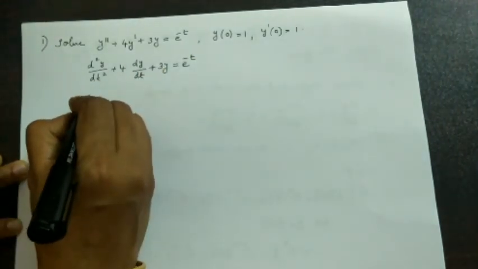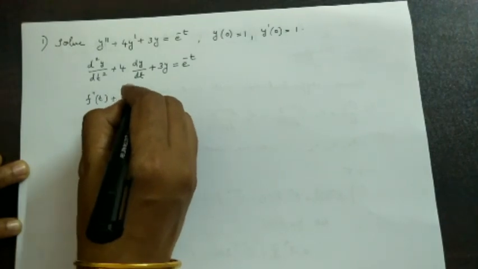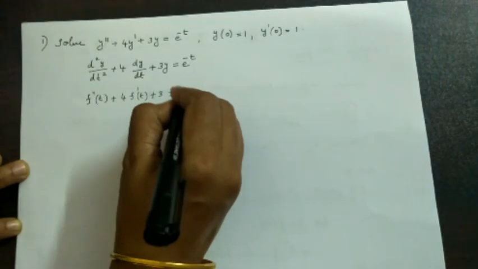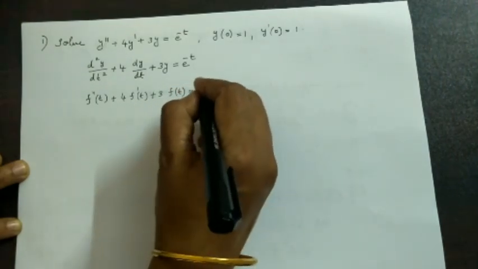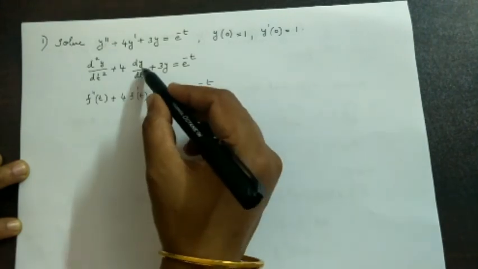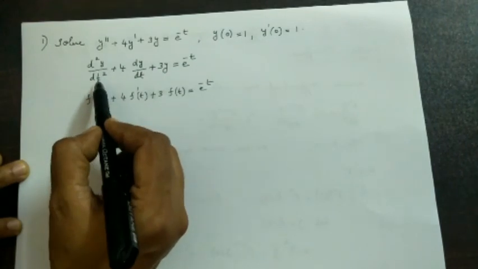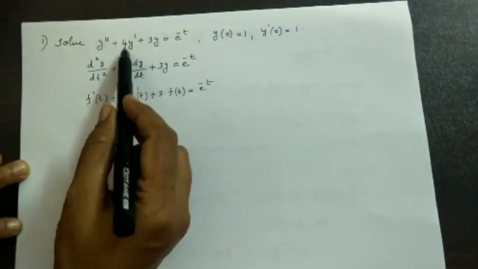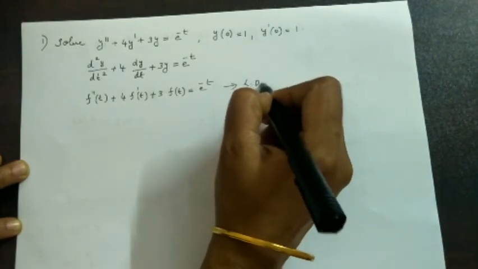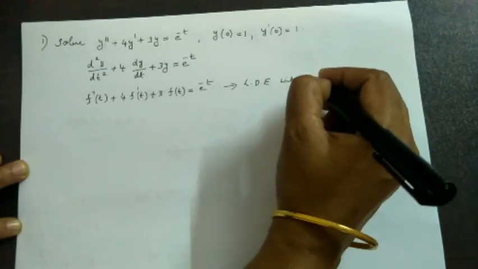Or it can be written as f double dash t plus 4 f dash t plus 3 f of t, which is equal to e raised to minus t. If y is equal to f of t, dy by dt is equal to the first derivative f dash t, and d square y by dt square is equal to f double dash t. All the three equations represent linear differential equation with the constant coefficients.